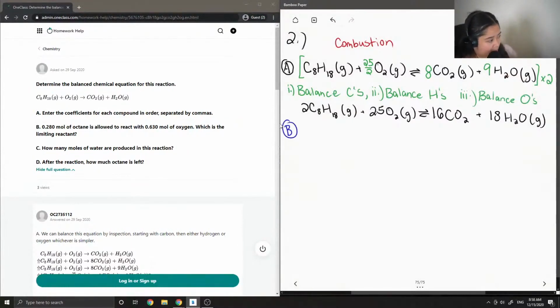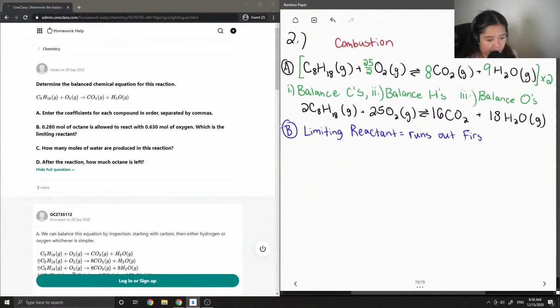So part B is asking which one is the limiting reactant. Is it octane or oxygen? Okay, so the limiting reactant, I'll just write a quick definition of what it is. Basically, it's one of the reactants that runs out first.